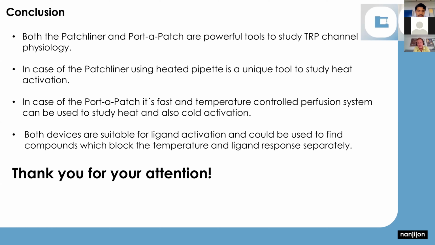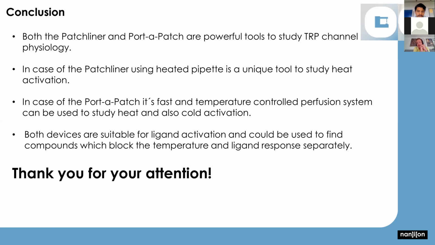Okay. And then again, for TRPV4 ligand-gated activation, the activation was slower. Could you elaborate more on this? Yes, that's a good question. I was a little bit surprised that it was slower, but I don't really know why it happened.